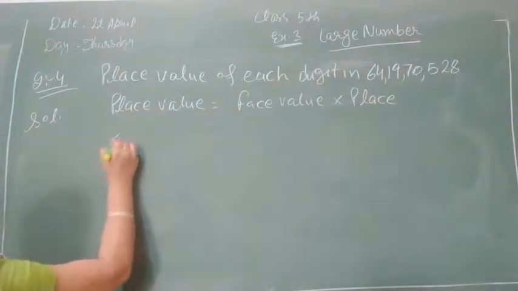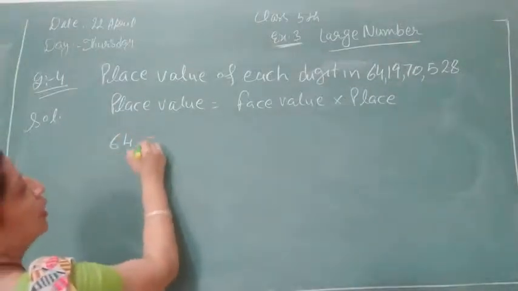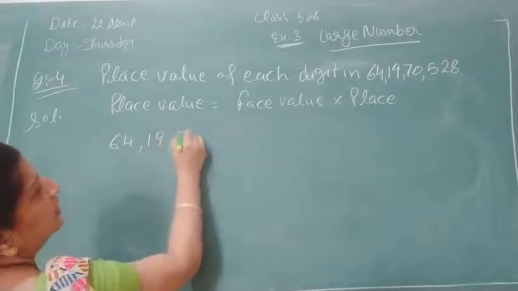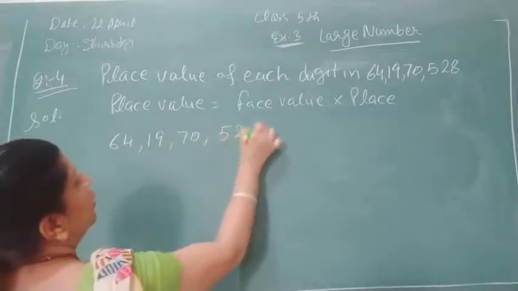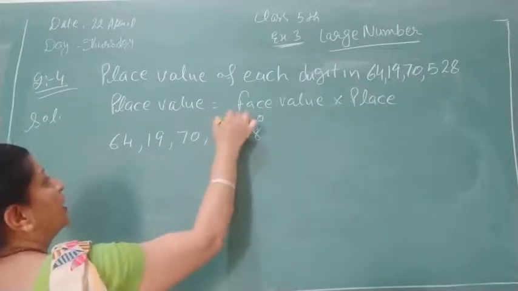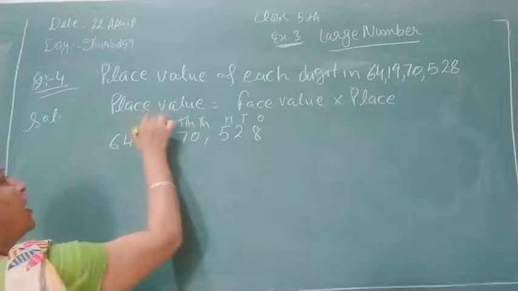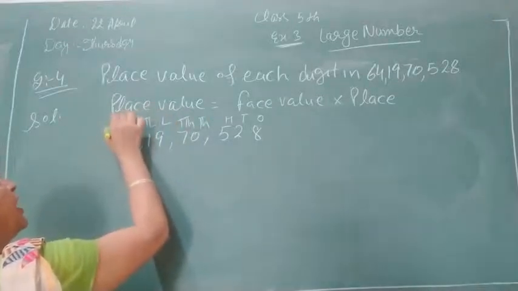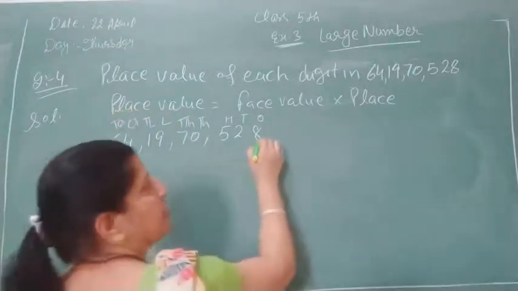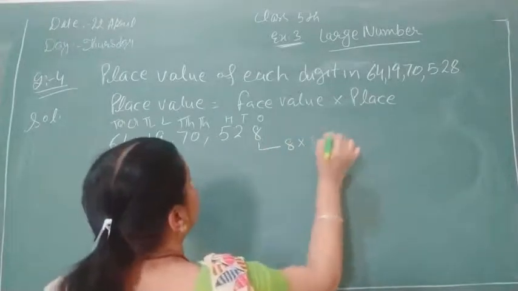Now our first number is 64 crore 19,70,528. First of all, we write the places: ones, tens, 100, 1000, 10,000, lakh, 10 lakh, crore, and then 10 crore. The ones place digit is multiplied by 1, so it becomes 8.